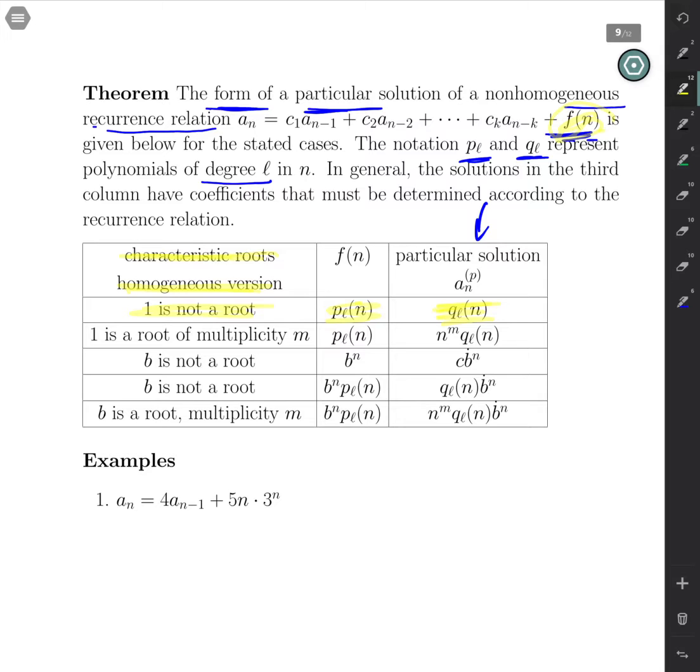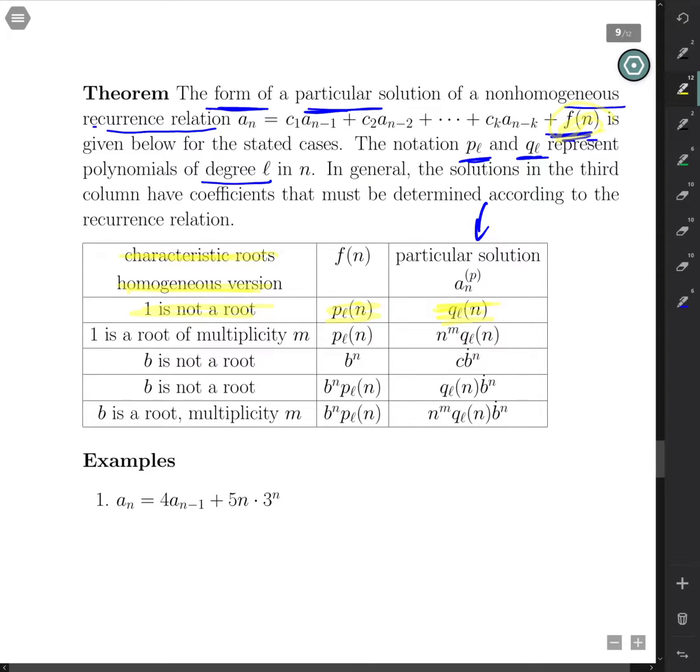So the particular solution has to be modified slightly from what we have above. Given a polynomial here, we have to take a polynomial of degree L, but increase its degree by multiplying by n to the m, where m is the multiplicity of the root 1.